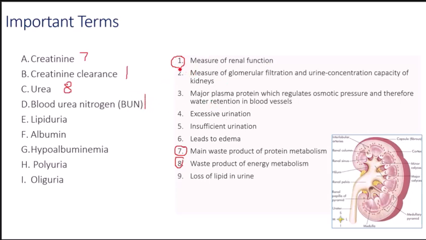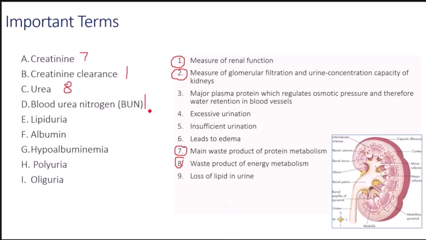But in addition, it measures glomerular filtration rate and urine concentration capacity of the kidneys. Glomerular filtration, remember, will come up again. The glomerulus is that capillary network that's going to be filtering your blood, putting what's called filtrate into the renal capsule, or Bowman's capsule, which will then pass through the tubular system of the nephron.